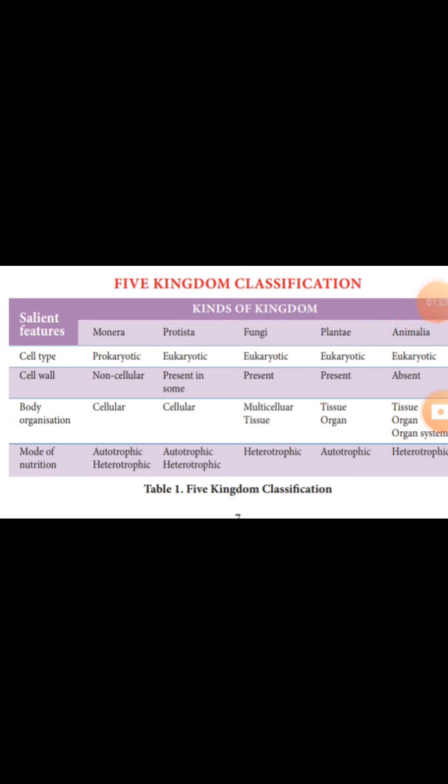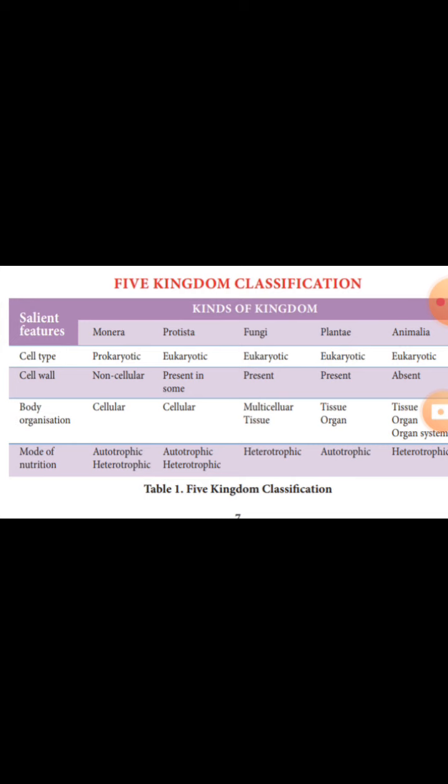Robert Harding Whittaker classified organisms based on criteria, for example salient features such as cell type. Generally, the body is made up of what type of cell, prokaryotic or eukaryotic in nature, whether a cell wall is present or absent, and body organization, whether single cell or many cellular.